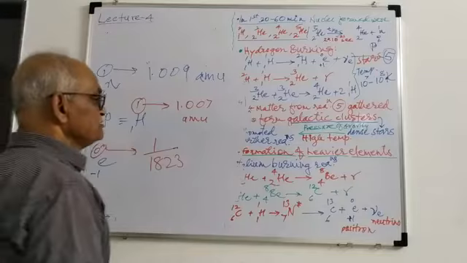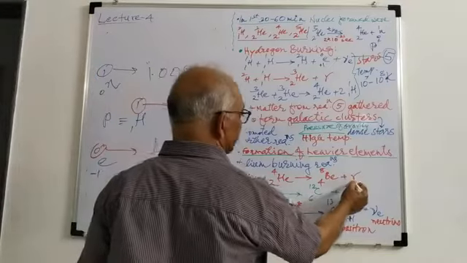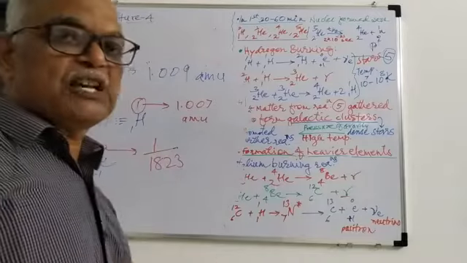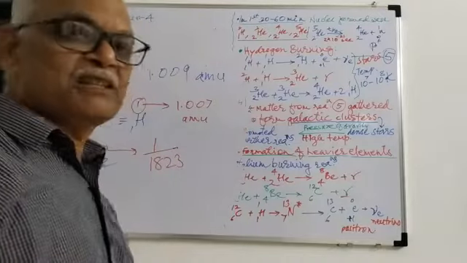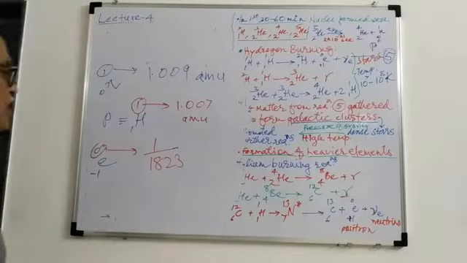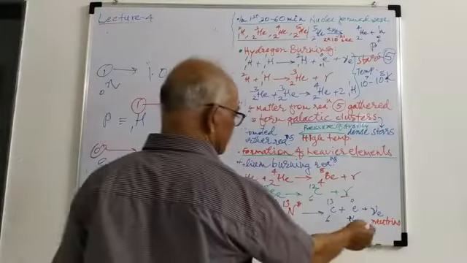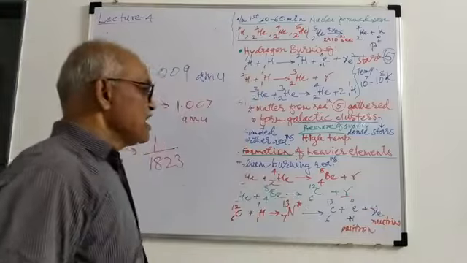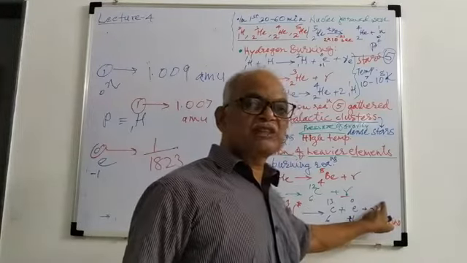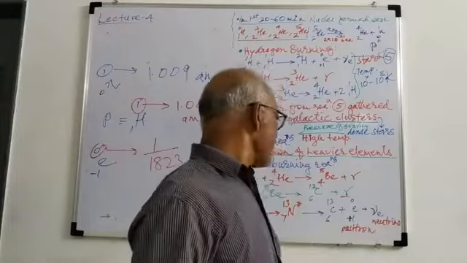Similarly, particles like gamma have no charge and no mass; the mass is also considered to be 0. There are other particles like neutrinos, which also have no charge and the mass is taken to be 0.